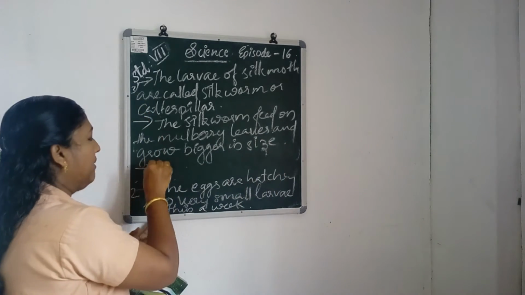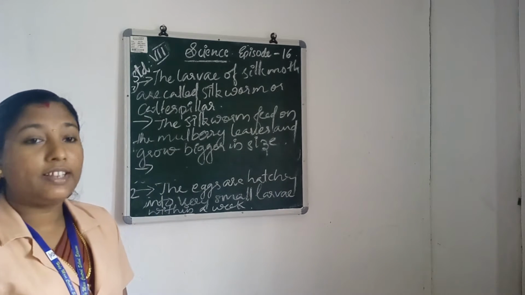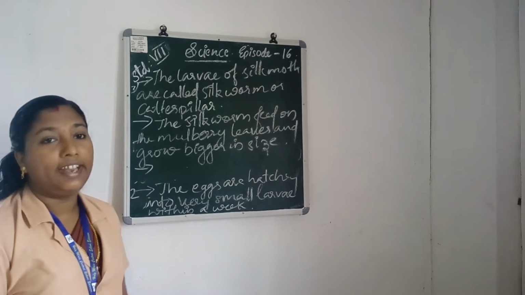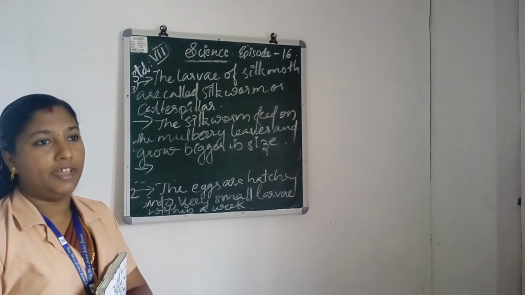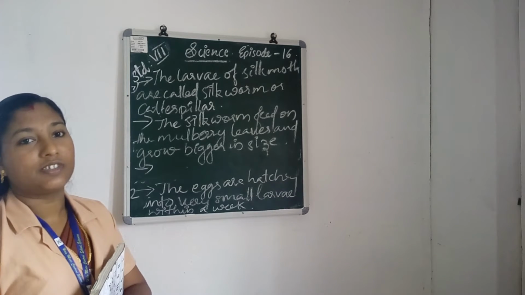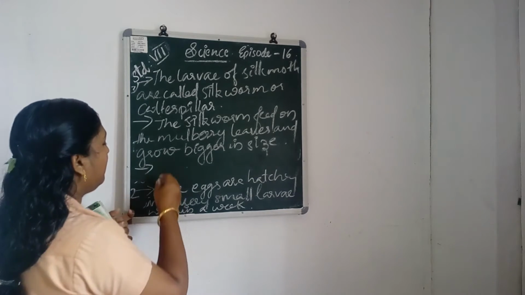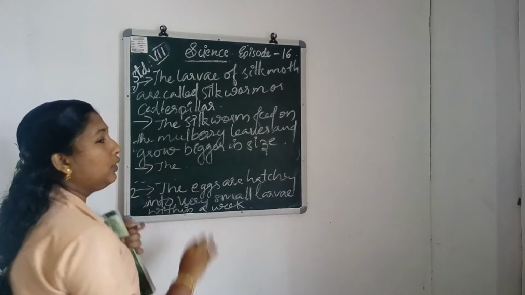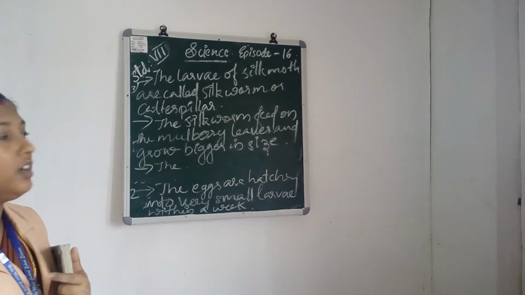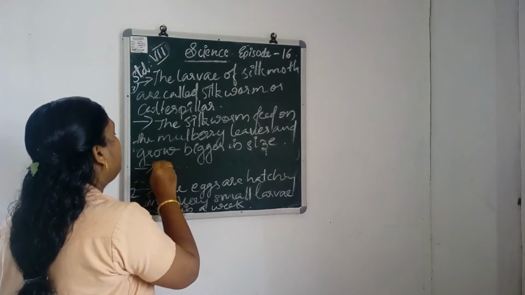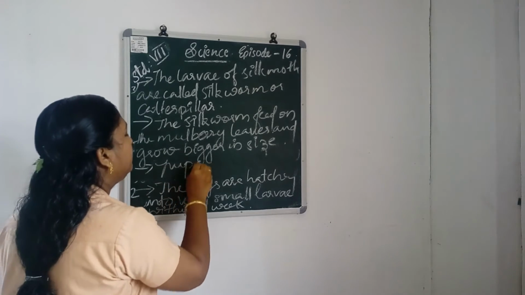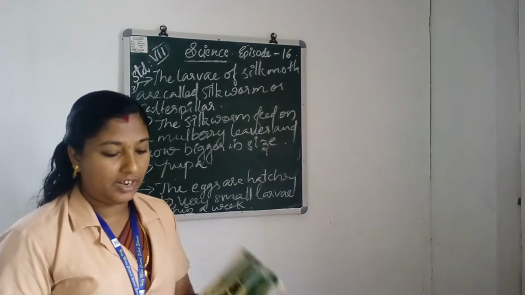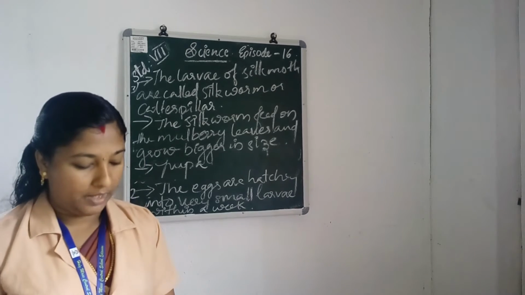In the next step, when the silkworm is ready to enter the next stage of development, that stage of development is called the pupa.